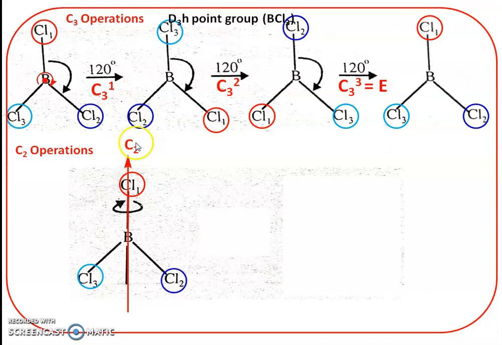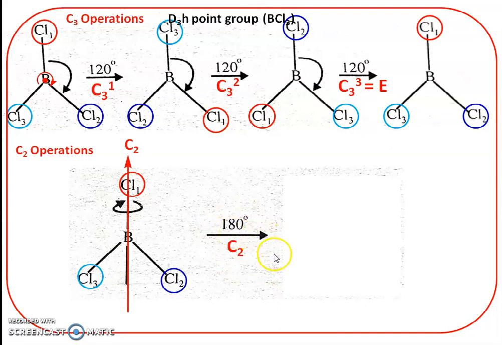This is the C2 secondary axis because it is at a right angle to the principal axis which is passing through boron. Along this C2 axis, when the molecule is rotated through 180 degrees, the positions of chlorine 1 and boron remain the same. Just chlorine 2 and chlorine 3 exchange their positions with each other, and this is the C2 operation.